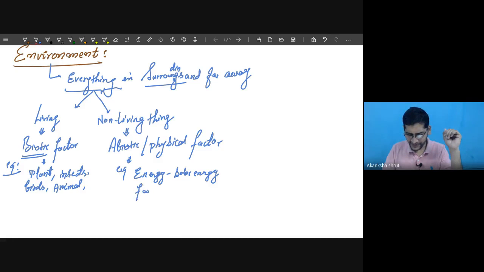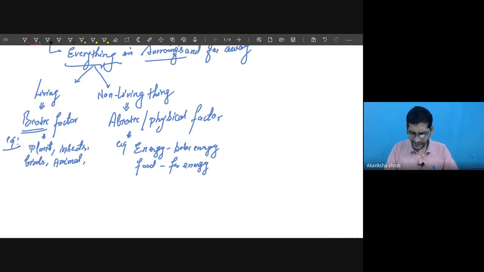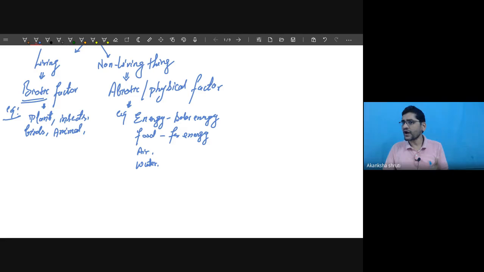The food that we take supplies energy to the heterotrophs. The air that we need for breathing so that we can survive. The water, without which we cannot survive, a magical liquid for living beings. An important one, the soil over which we are standing. The soil, the land or the rock, all these are abiotic factors.